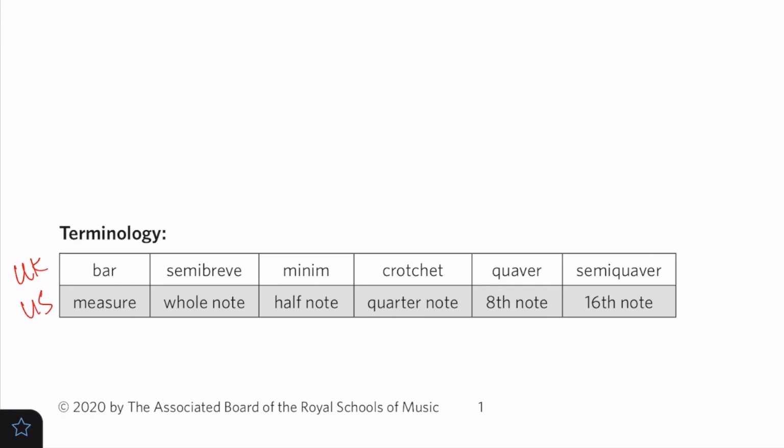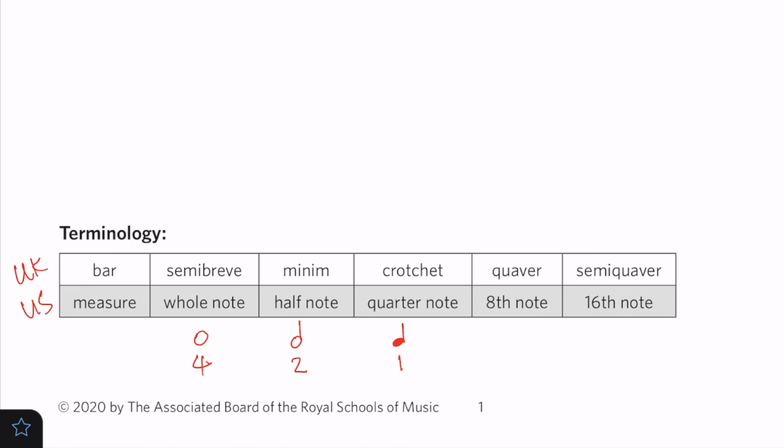For example, semibreve and whole note are the same thing, which is this oval-like note that is worth 4 counts. Minim and half note is this note with a stem and it's 2 beats. Crotchet and quarter note is this shaded note, which is 1 beat.